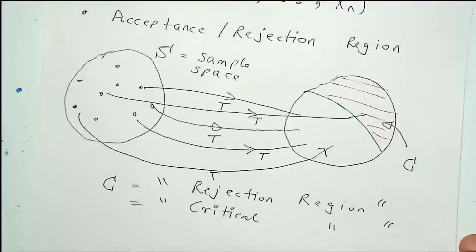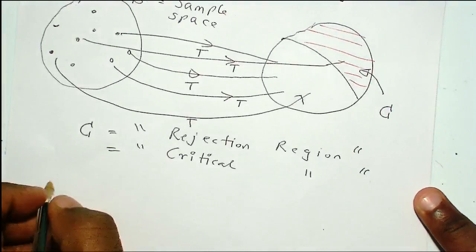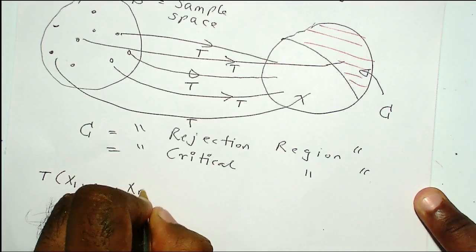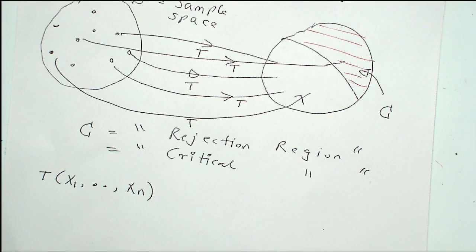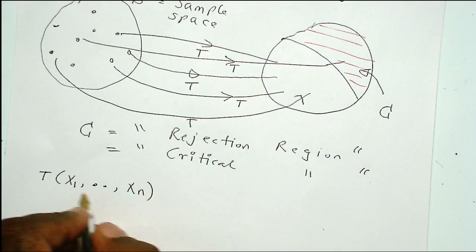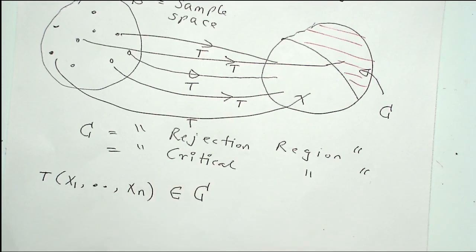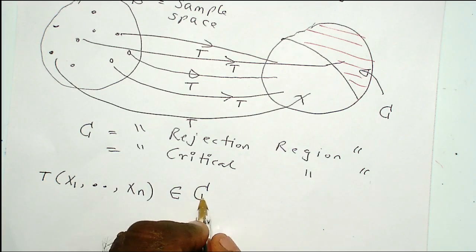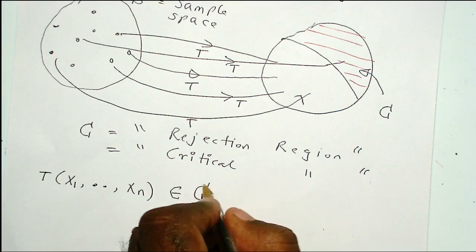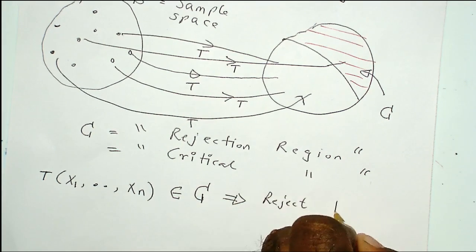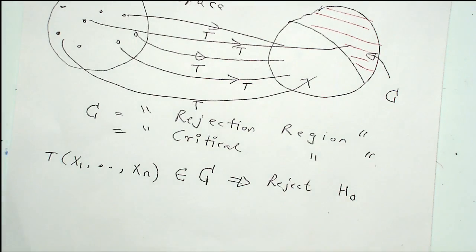So the rule is as follows. T is the function of the data. If the value mapped by T belongs to the set C, then you reject the null hypothesis, right?